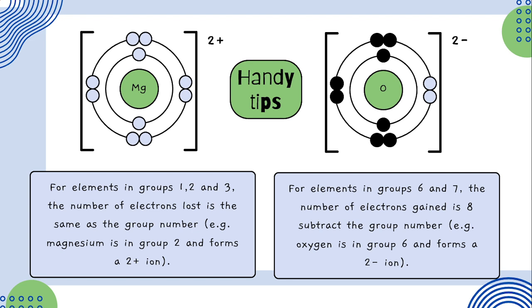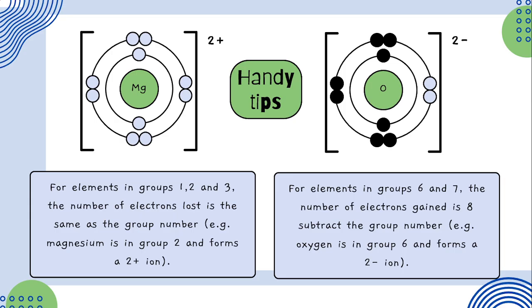And for the non-metals in groups 6 and 7, the number of electrons gained is 8 minus the group number. What we mean is that when you want to get the number of electrons gained, just subtract the group number from 8.